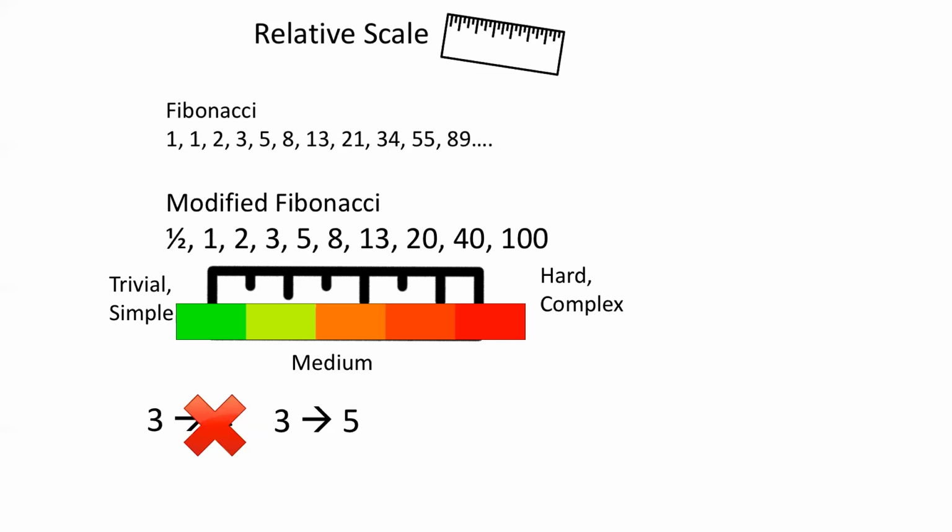That's why you jump to the next value in the Fibonacci. Similarly, if something is more complex than 5, instead of giving it a 6 or a 7, you jump to 8. That'll give you a good final size by factoring in the effort and complexity together.